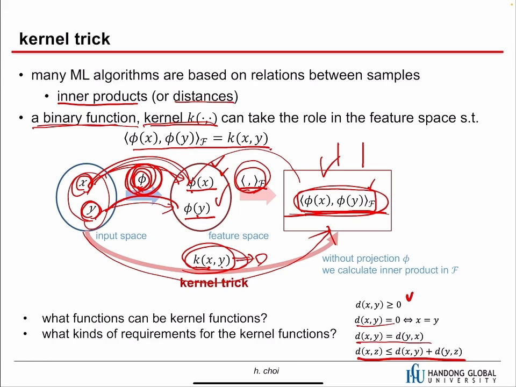So the kernel defines the relationship between data points, and the distance defines the relationship between data points. Basically, they are talking about the same thing from a different perspective. Okay, so if we need some constraints to define the distance like this, then we need some constraints to define a kernel function. Then what kind of requirements do we have for kernel functions?